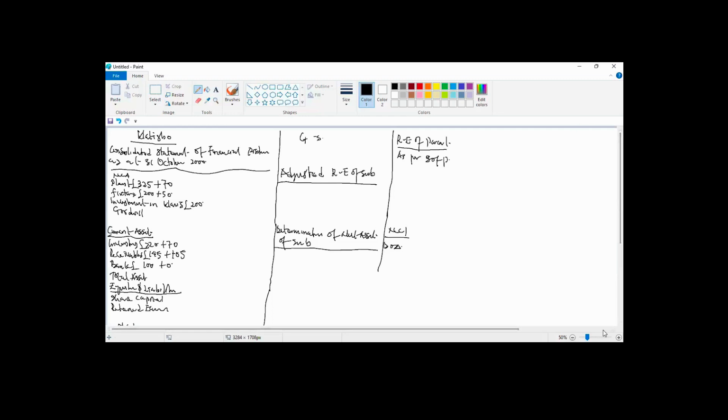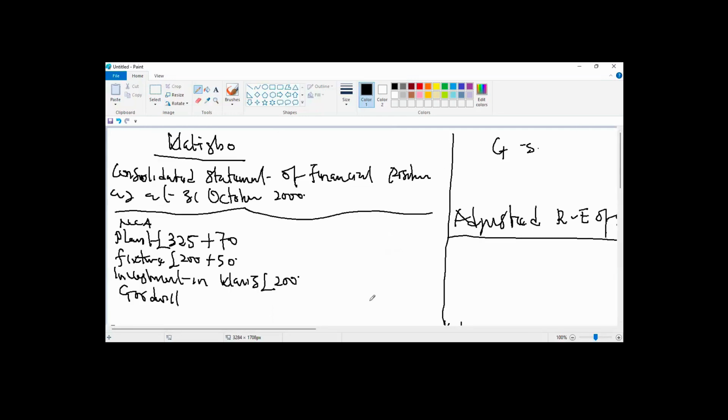4 years ago. It has given me the group structure. Parent, 70%. NCI, 40%. Good. 4 years ago, the date of acquisition.